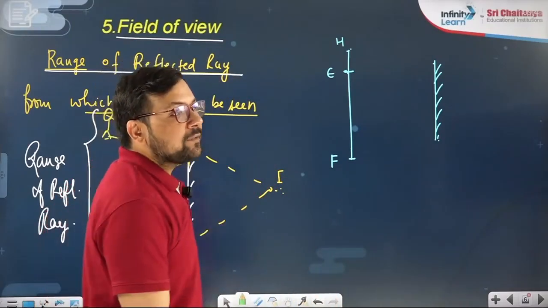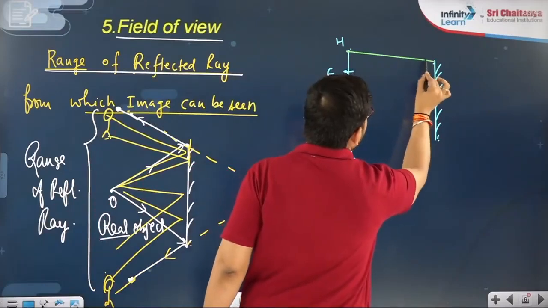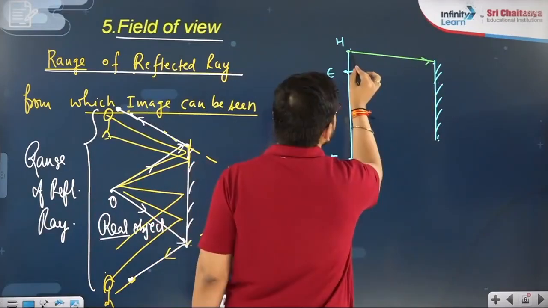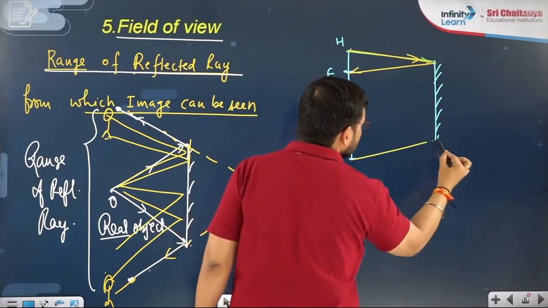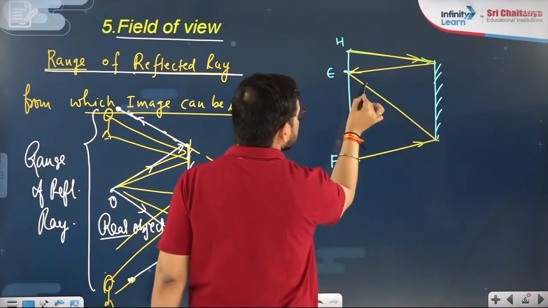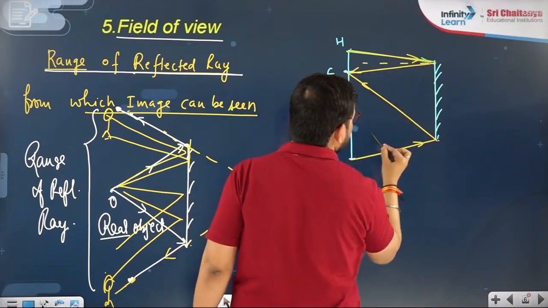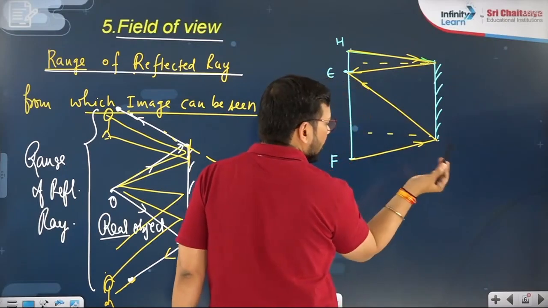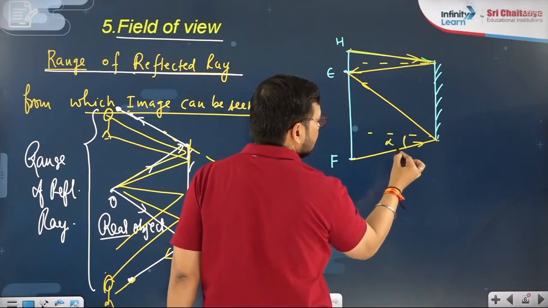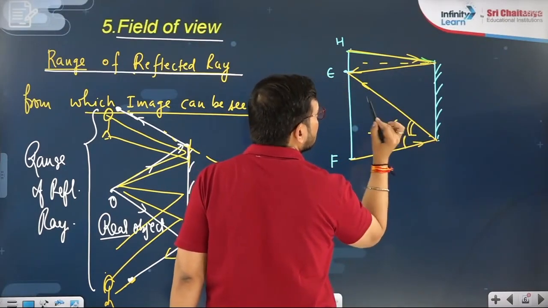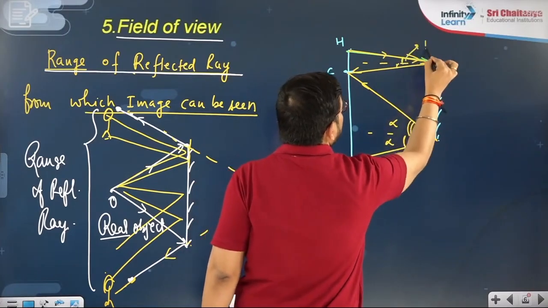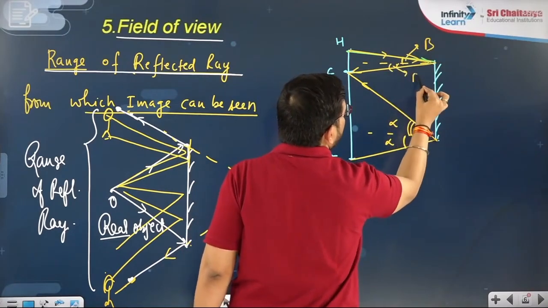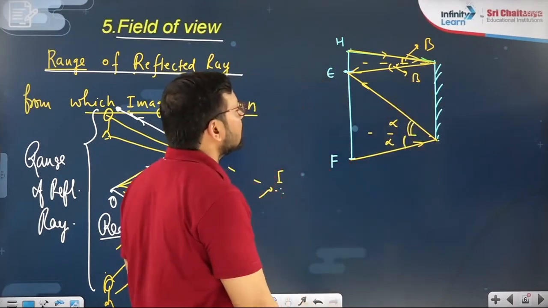See here, a ray from the head goes here, strikes and comes back to the eyes. From the feet also a ray goes and comes back to the eyes. By the law of reflection, let this angle be alpha, so that angle has to be alpha, and if this angle is beta, that angle has to be beta, because the angle of incidence equals the angle of reflection.